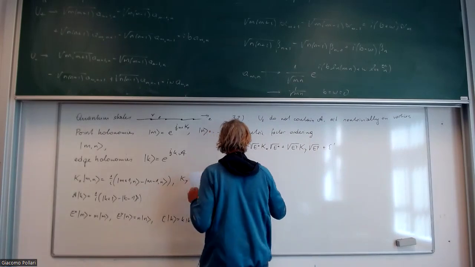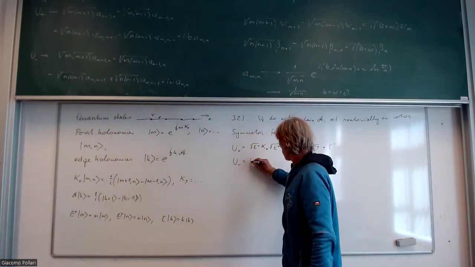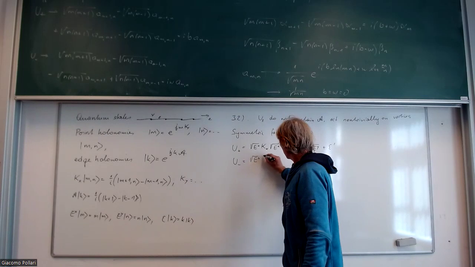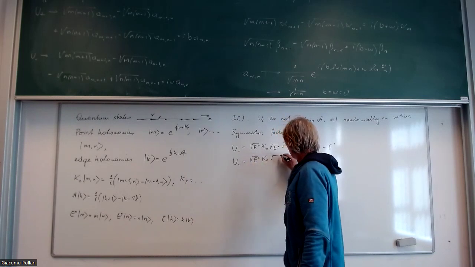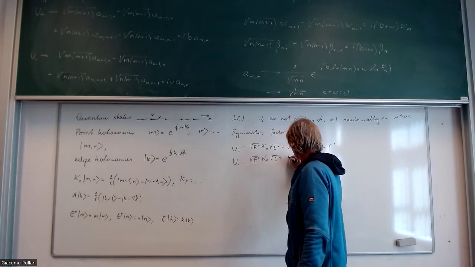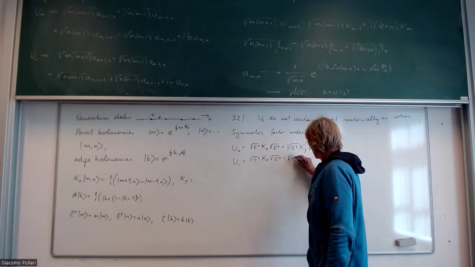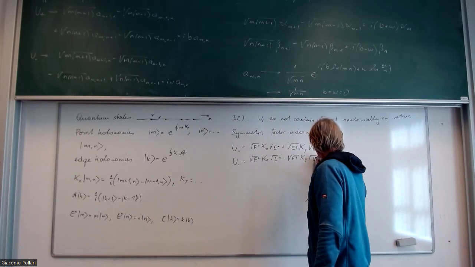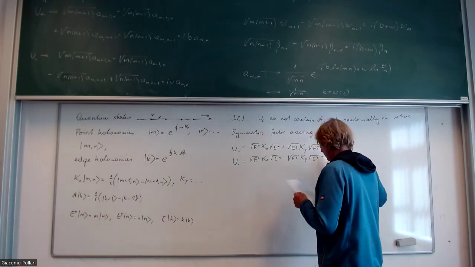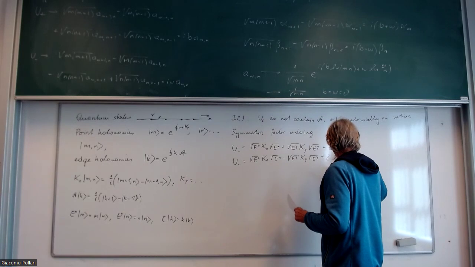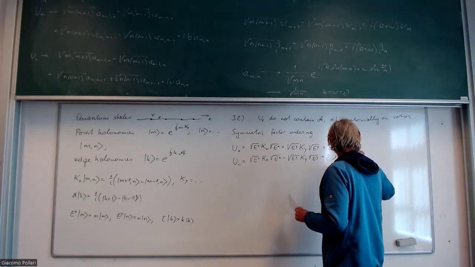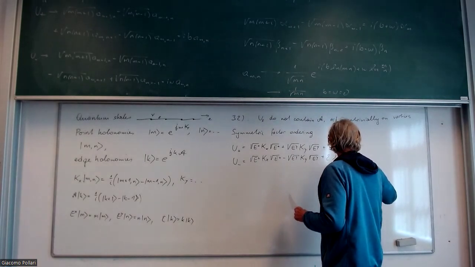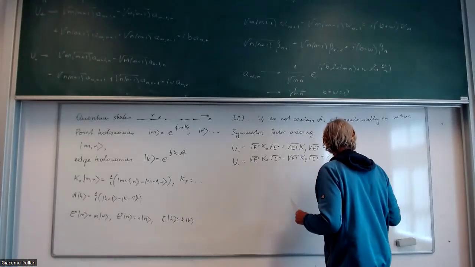And U minus analogous, square root of Ex, Kx, square root of Ex minus square root of Ey, Ay, square root of Ey plus E logarithm Ey by Ex squared.